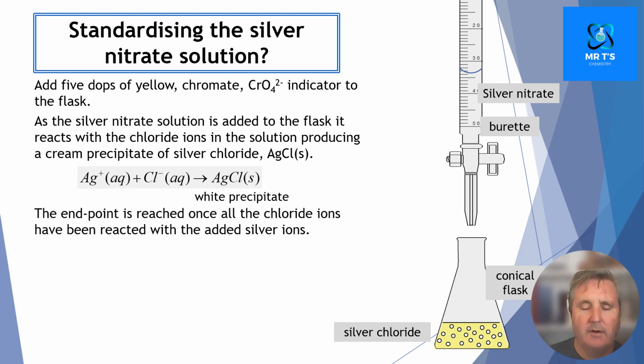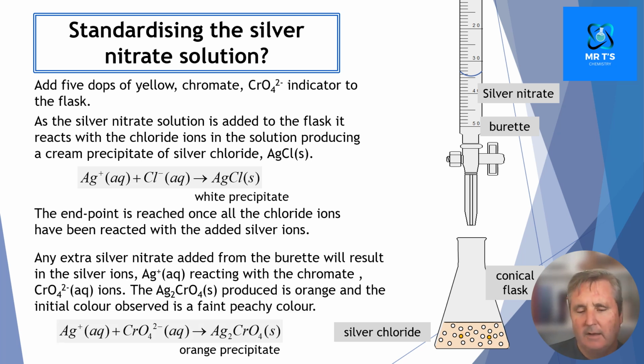At the end point, all of the silver added has reacted with all of the chlorides. So when I add extra silver, there's no chlorides left, and the silver will go on and react with the chromates. When they react with the chromates, they produce this peachy color for a start. So that's a wee bit of orange mixing with the yellow and the white precipitate.